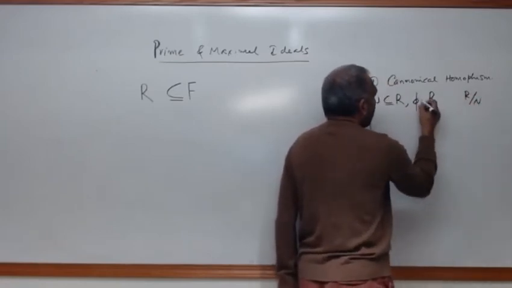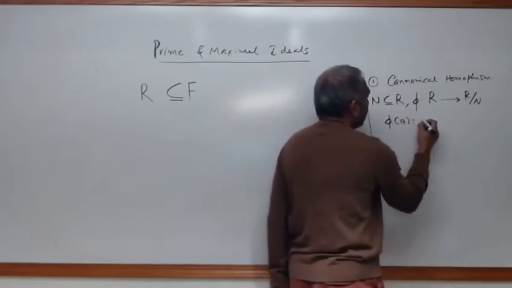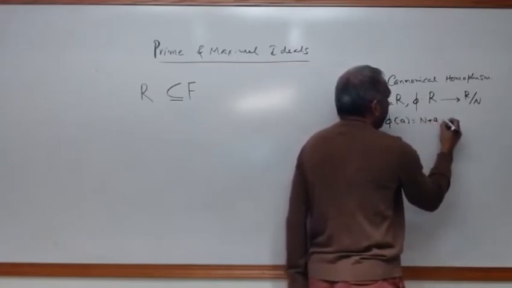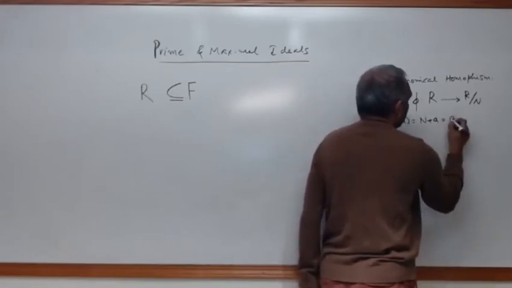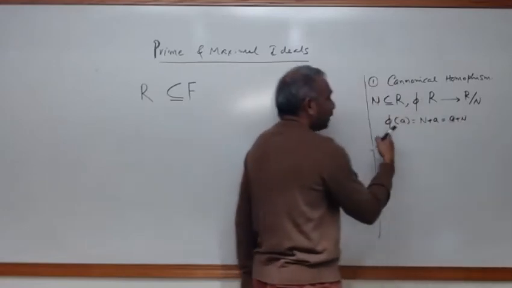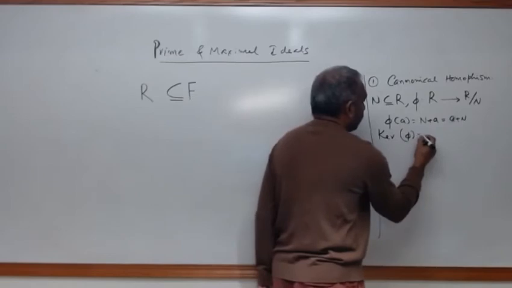And we can define a homomorphism like this: phi of a is equal to N plus a, or a plus N. This is a homomorphism with kernel phi equal to N.